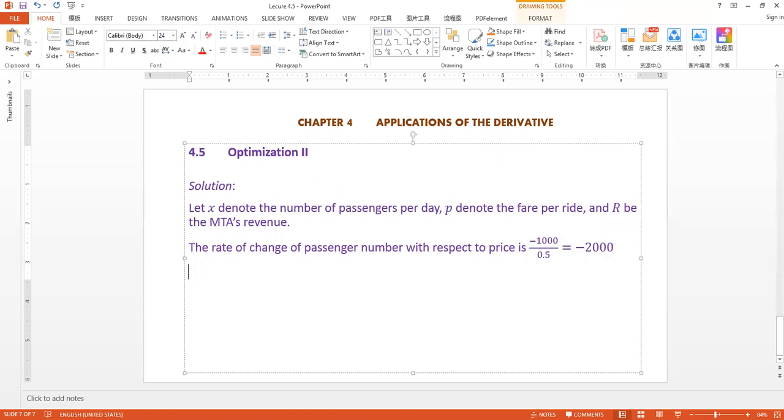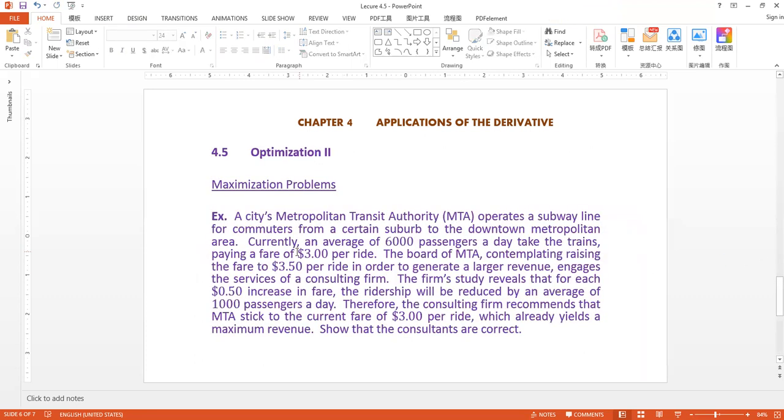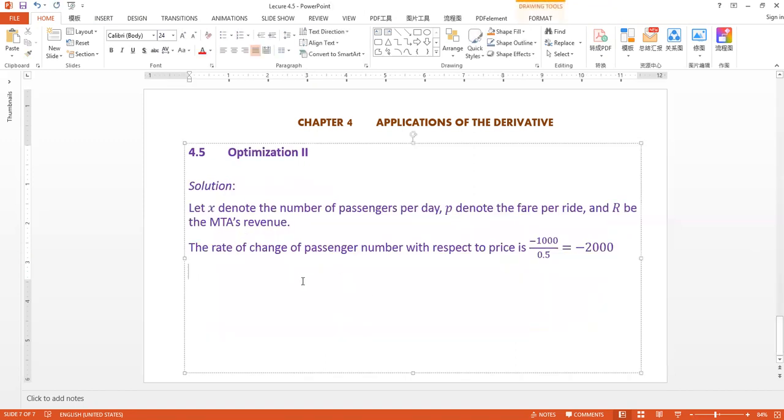Now currently we have the passenger number 6,000 and the price $3. If we change the price to P, then the passenger number will change to X, as we already denoted.